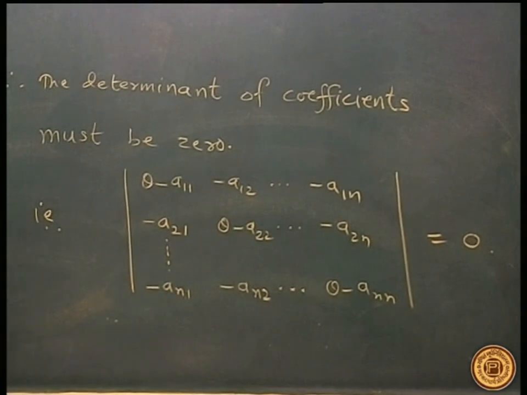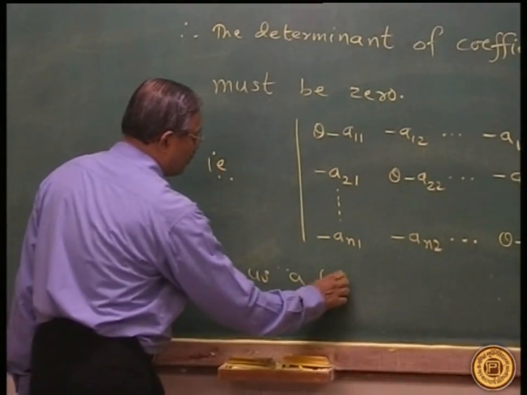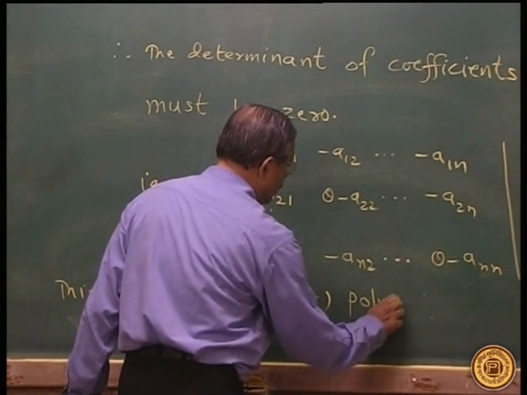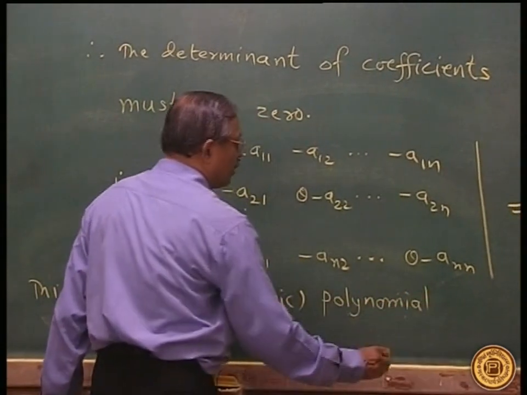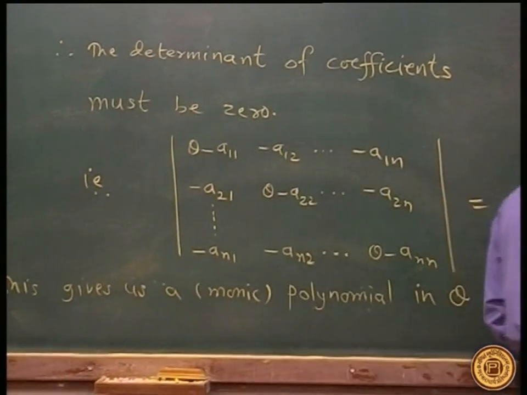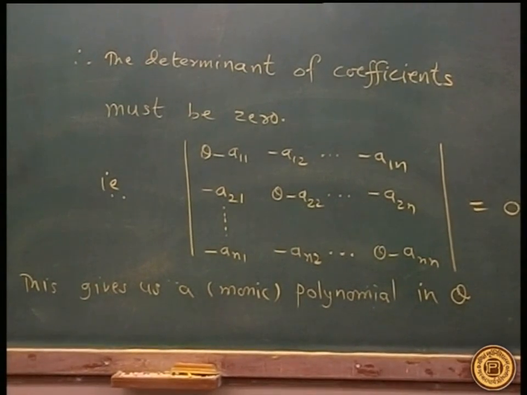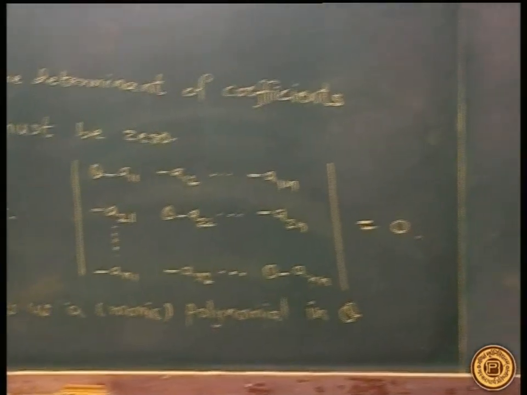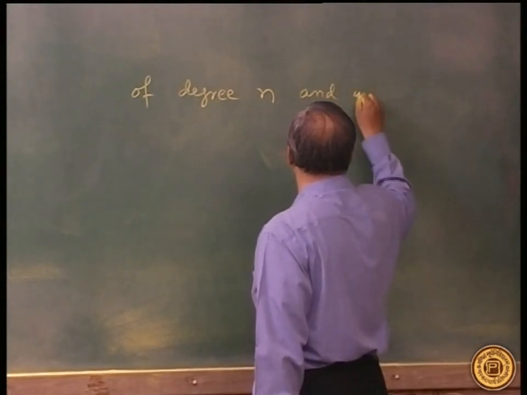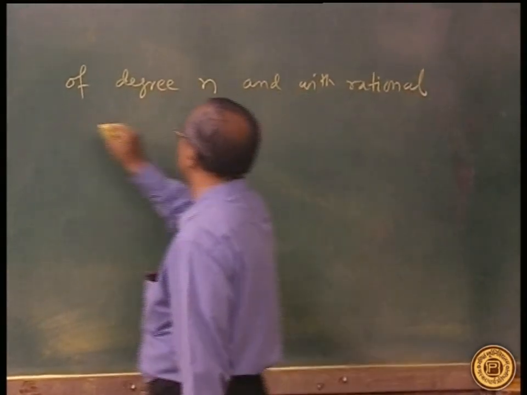This gives us a monic polynomial in theta of degree n and with rational coefficients.